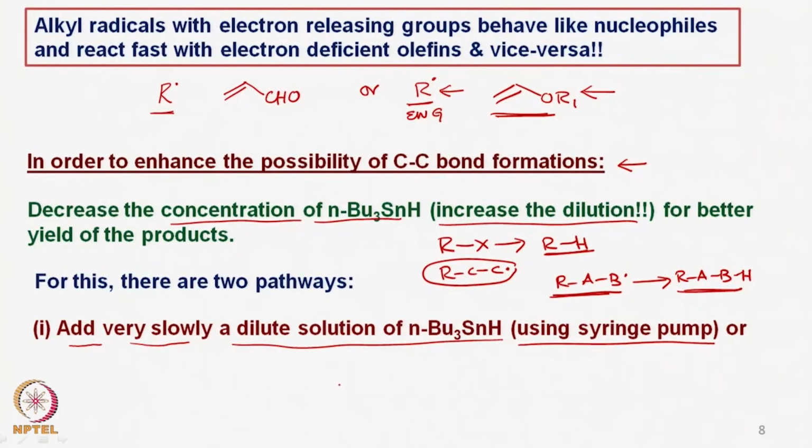It is a kind of device, a pump, in which you take a very dilute solution of the tributyltinhydride and time it to add a very tiny drop over a period of, say, 3 minutes or 5 minutes.